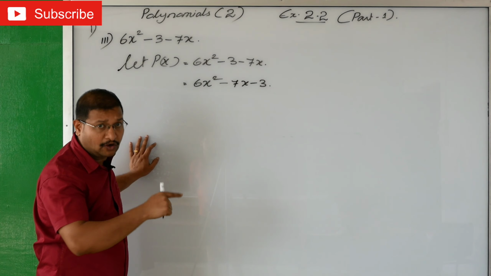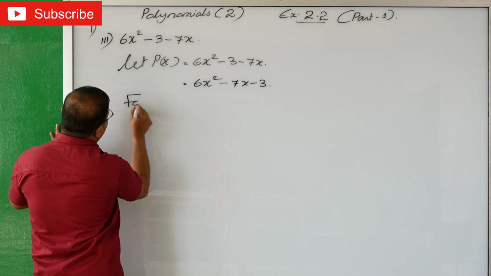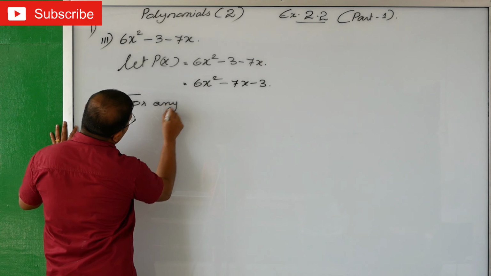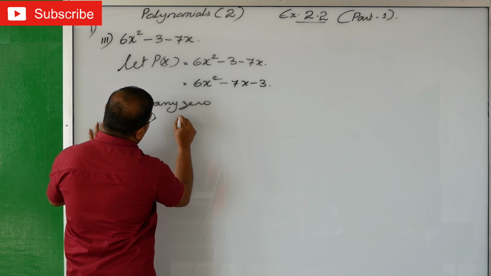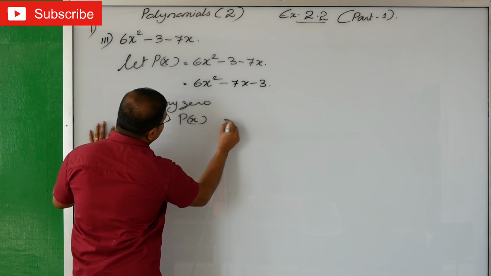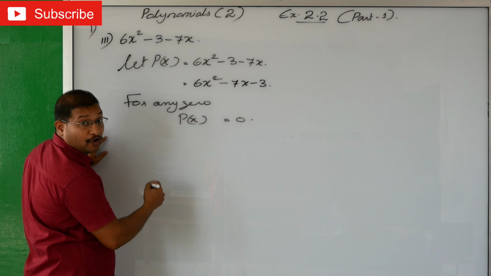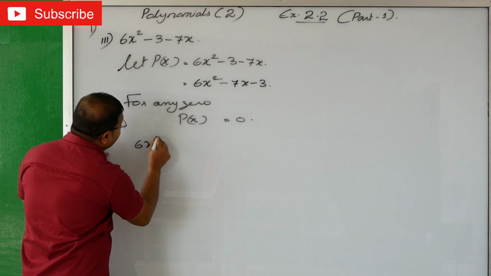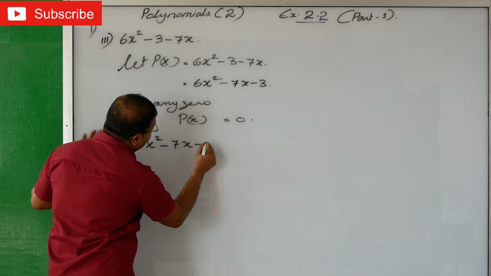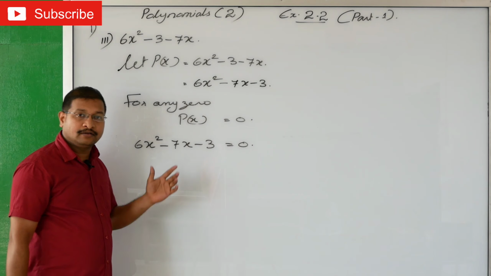Now we want zeros, so for any zero, P of x equals 0. That means the polynomial 6x square minus 7x minus 3 equals 0.